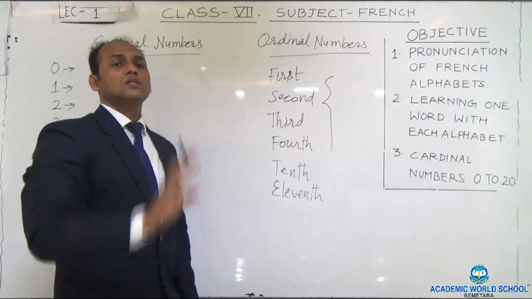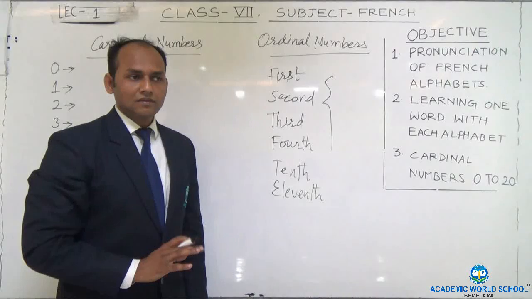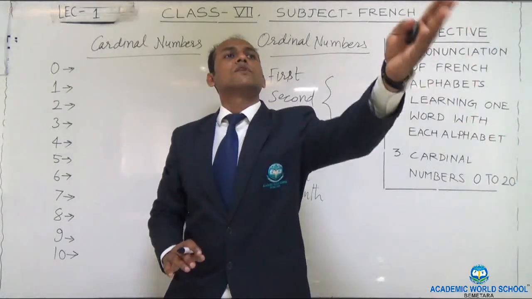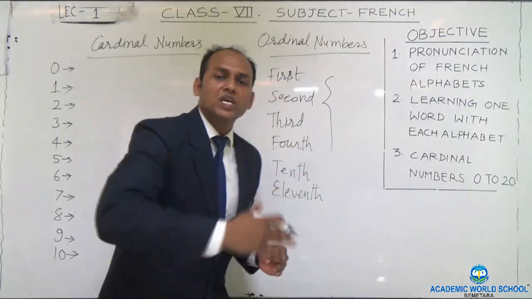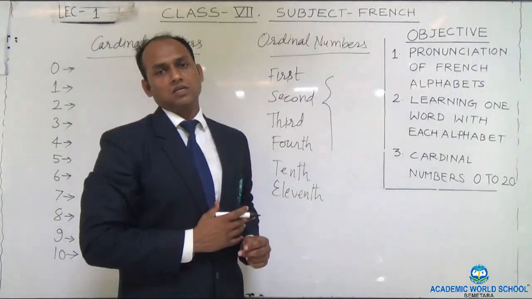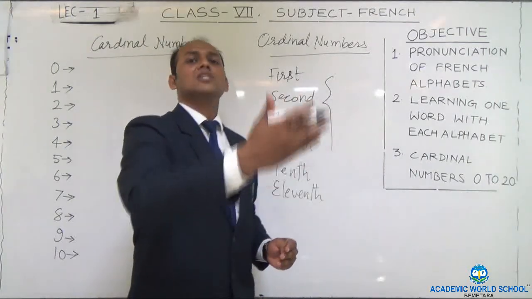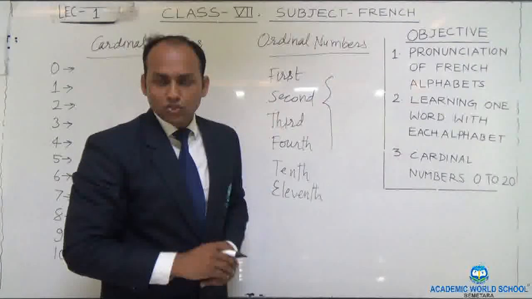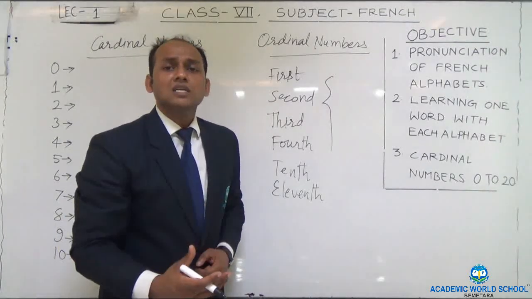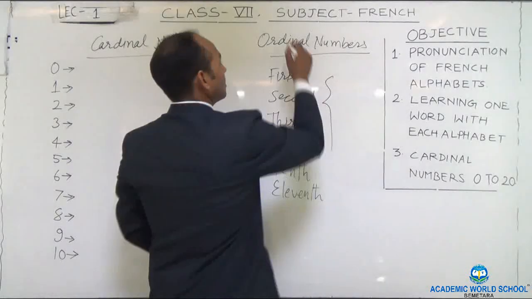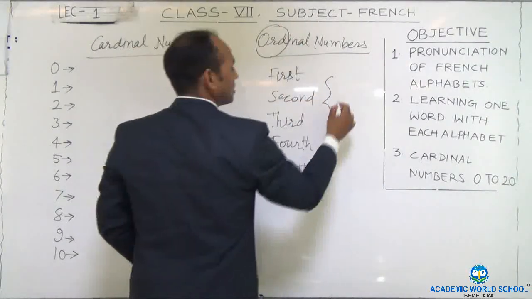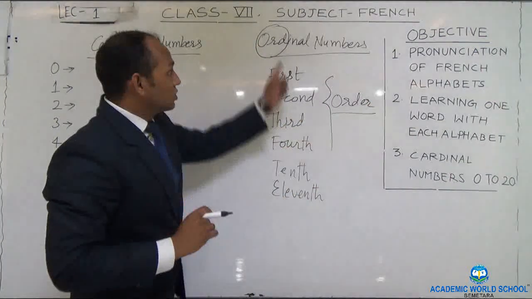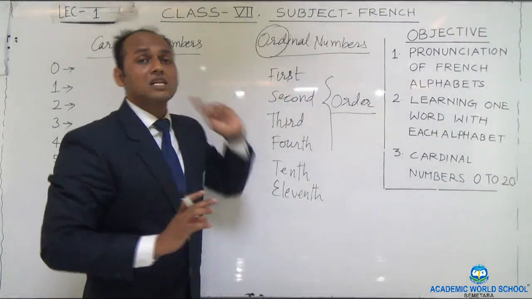Like there are 10 students sitting here, first, second, third, fourth, fifth, like that. First bench, second bench, third bench, last bench. It is demonstrating order. So, ordinal numbers.